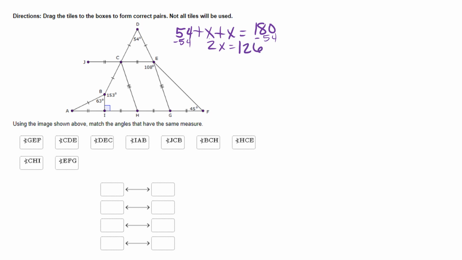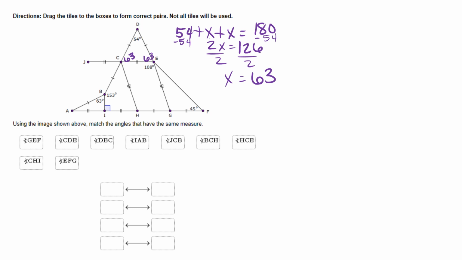Okay, and I divide both sides by 2, and I get 63. So now I know that this angle is 63, this angle is 63.